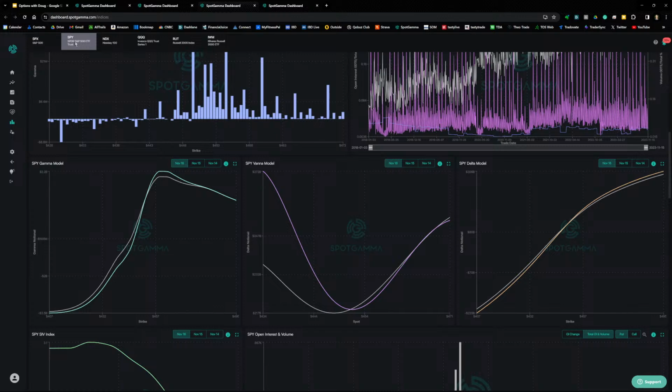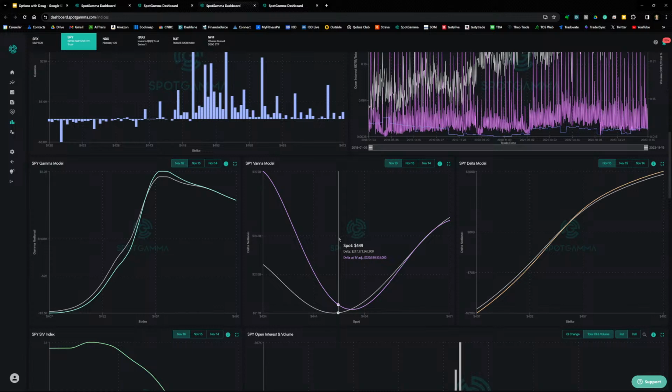All right, SPY trading right around 449, right around the volatility trigger. Also near the bottom of the curve. So what this is showing, if price starts to decrease, market makers will have to start selling futures to hedge their delta exposure.